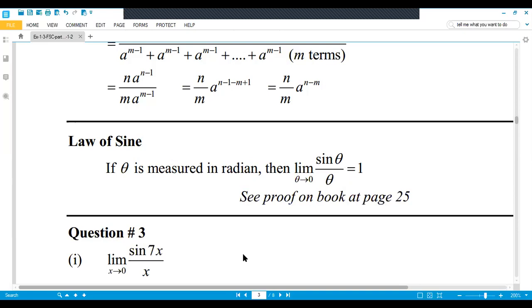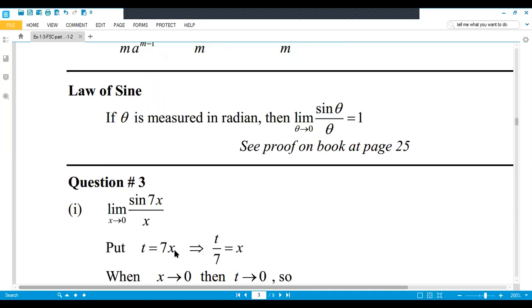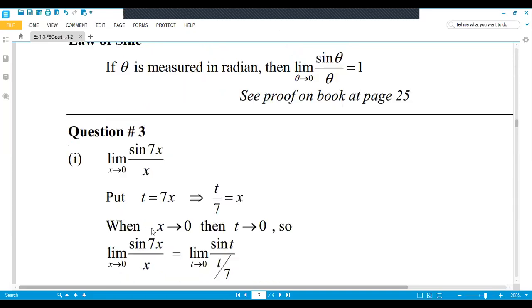So question number 3 is evaluate the following. Mostly you have to apply this law of sine. So look, limit sine 7x divided by x. You make this 7x into x, to make the theta and the denominator the same. So we do a supposition, we suppose that t is equal to 7x.